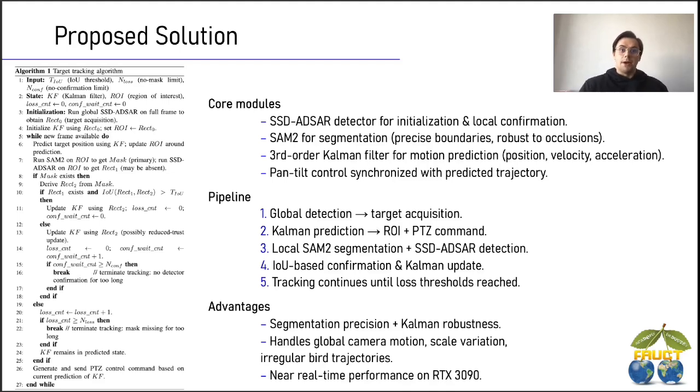Their results are compared by intersection over union. If they agree, we update the Kalman filter. If not, we rely on prediction until confirmation returns. This hybrid design combines segmentation precision with Kalman robustness and achieves stable real-time tracking, even under strong camera motion, scale variation, and irregular bird trajectories.